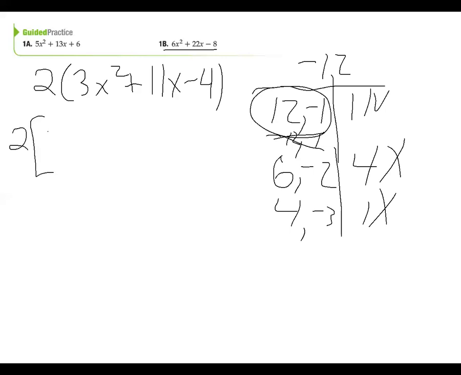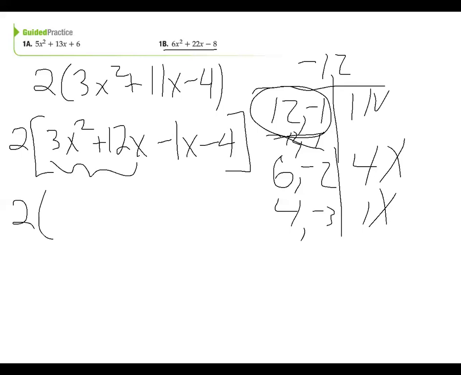So you do 3x squared plus 12x minus 1x minus 4. Group the first two together. You can factor out a 3 and an x, so you'd have x plus 4. Notice these two, there's not really a GCF, but you want it to be x plus 4, so you can factor out a -1.